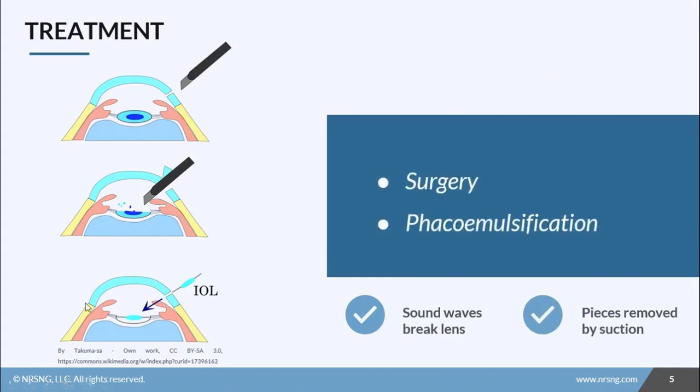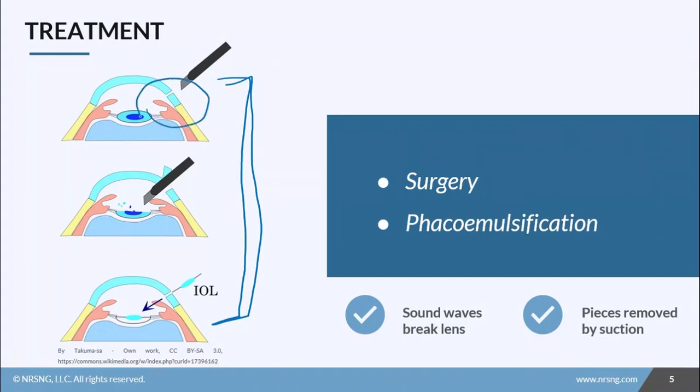As far as treatment goes, surgery is the only cure for cataracts. The procedure we normally see performed for cataract removal is called phacoemulsification. Let's look at this picture, which shows that procedure in finer detail. They make a slit in the eye so they can access the lens.